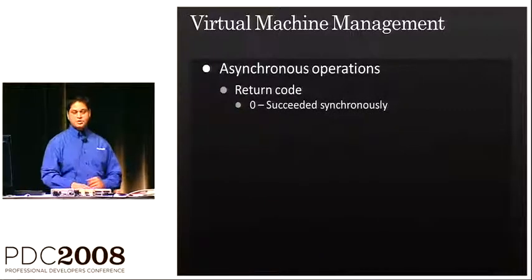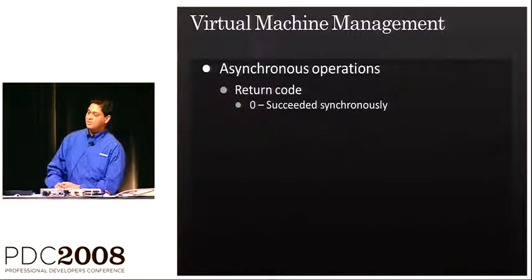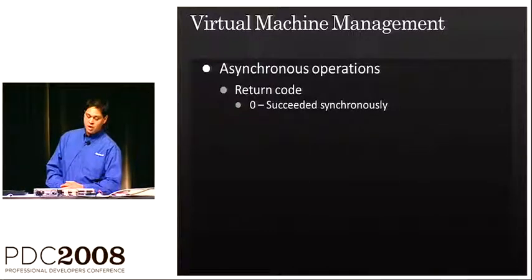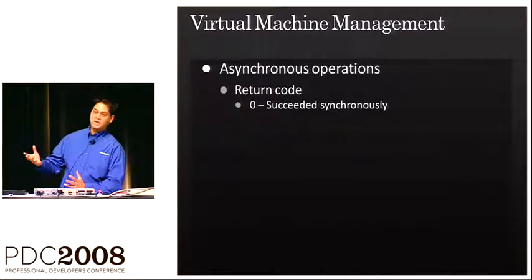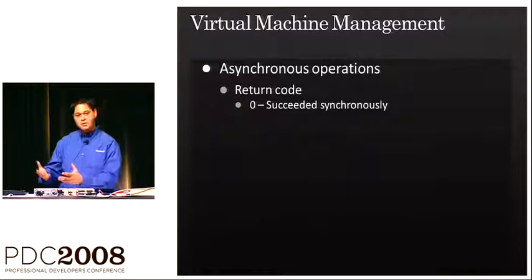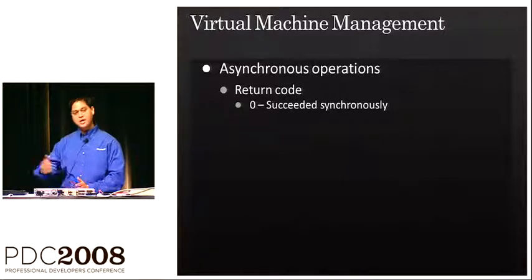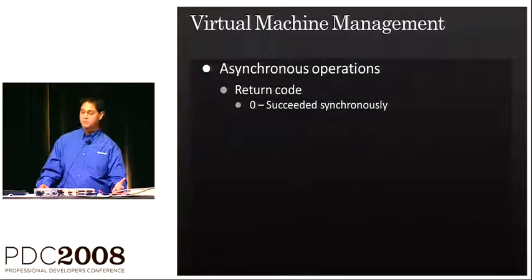So one other thing that's used throughout our model is what's called a concrete job object. Most of our methods actually do support asynchronous operations, which means you'll call into the method, it'll do some basic parameter checking. If there's an error there, it'll return an error directly. If there's not, then it'll actually kick off the job and immediately return to you.